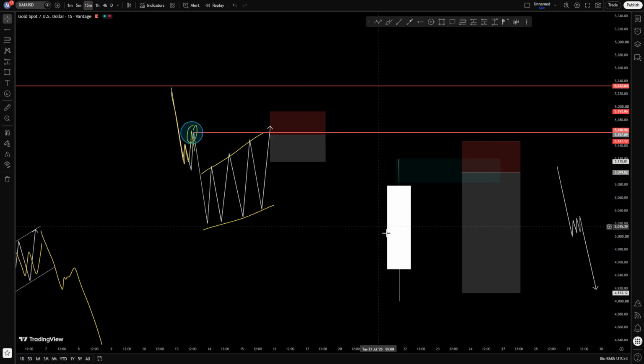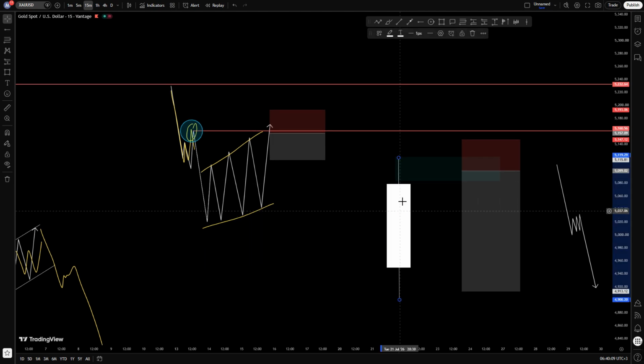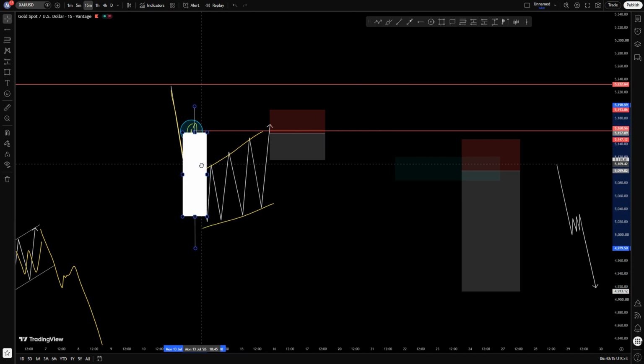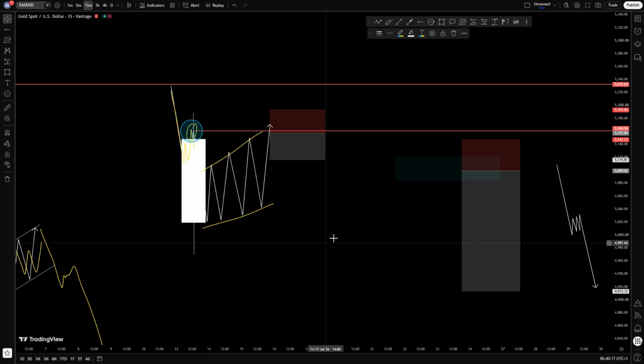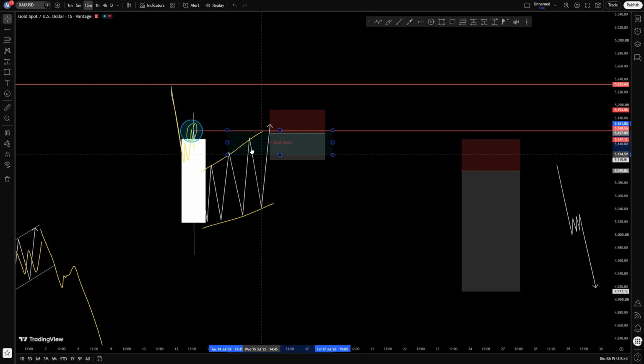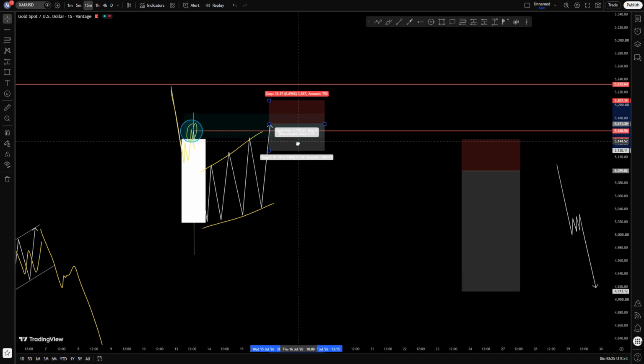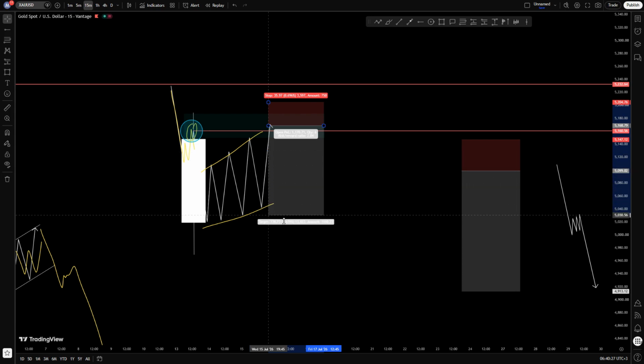Just think of this as, you know, let me just do this, right? So think of this like something like this, right? So what we are going to do is to mark this wick, highlight it like this, and we're going to enter a sell position right here.